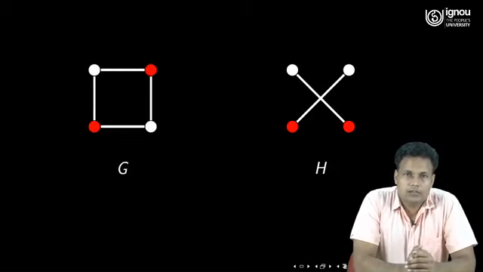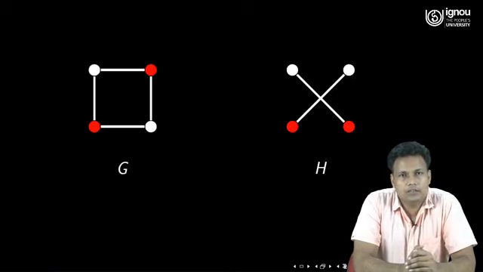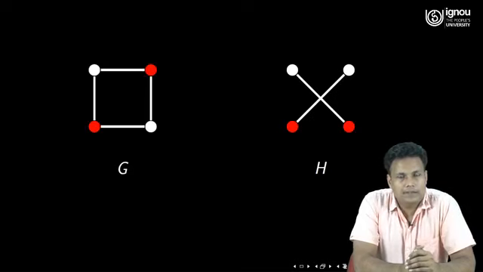For instance, look at these graphs G and H. Here in the graph G, you can see that the vertices which are red lie in one partite set and the vertices which are white lie in another partite set. Every edge has one endpoint with red color and the other endpoint with white color. So this is a bipartite graph.